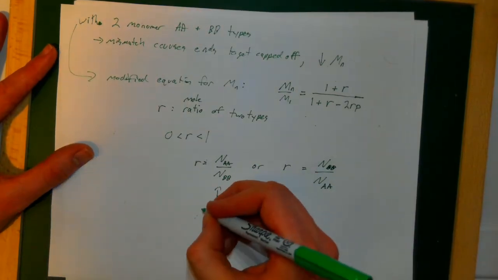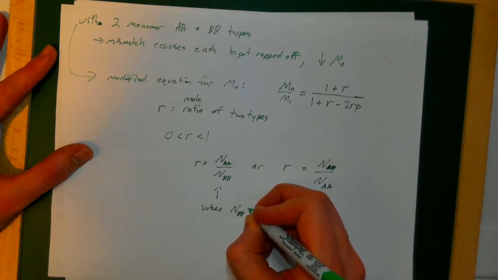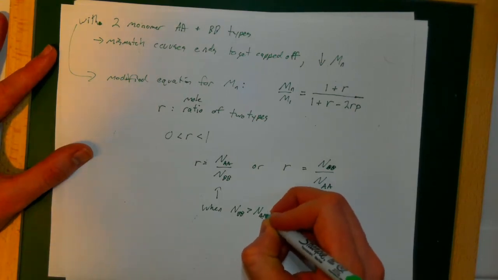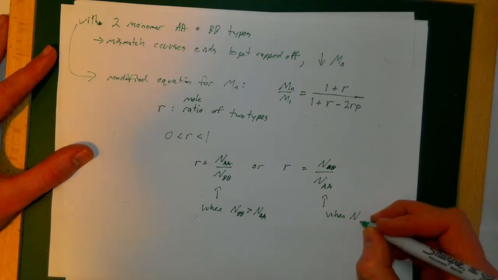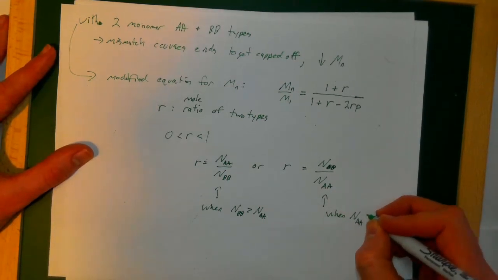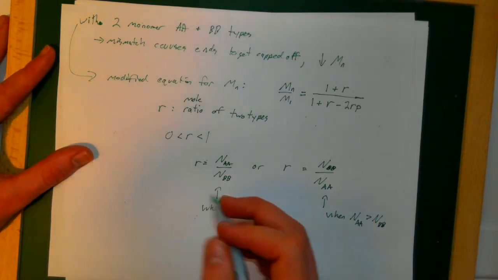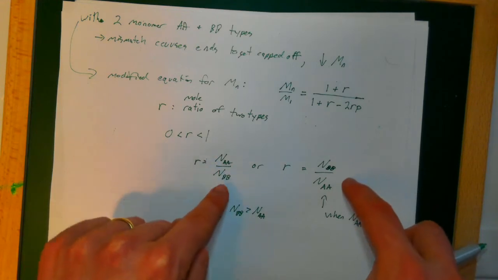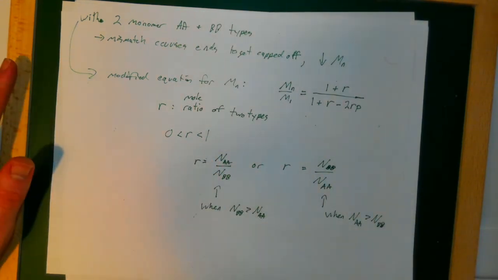It's this when NBB is greater than NAA, and it's this when NAA is greater than NBB, such that no matter which I have greater of, AA or BB, r is always going to be between 0 and 1.